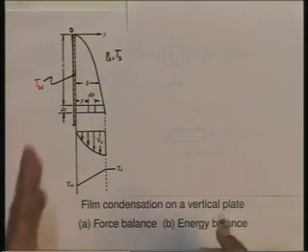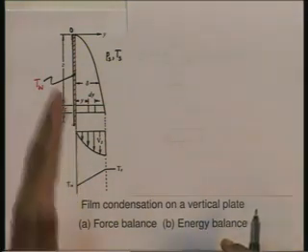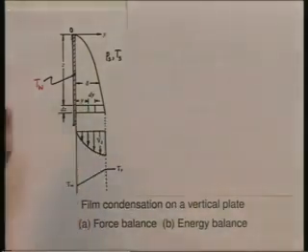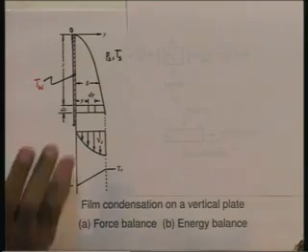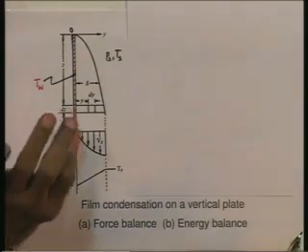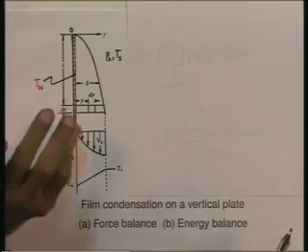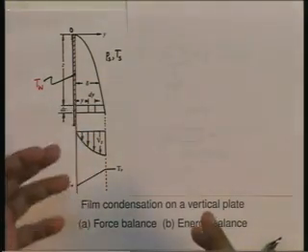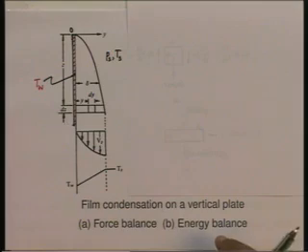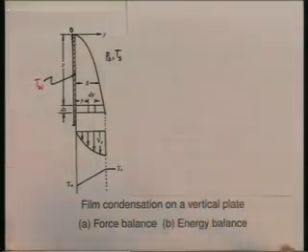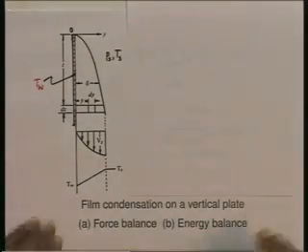The direction at right angles to the paper will obviously be the direction x, and let us assume that the plate is of some constant width B at right angles to the paper. So, it is a plate of width B on which condensation is taking place.